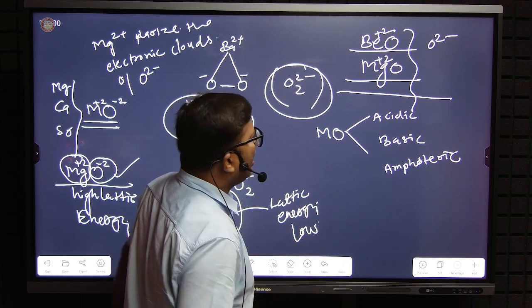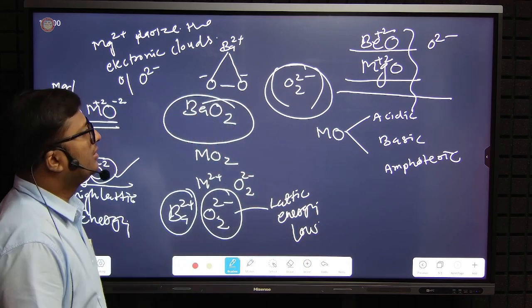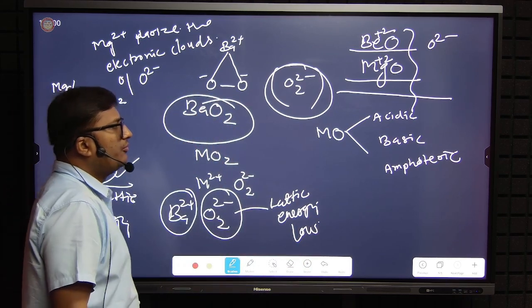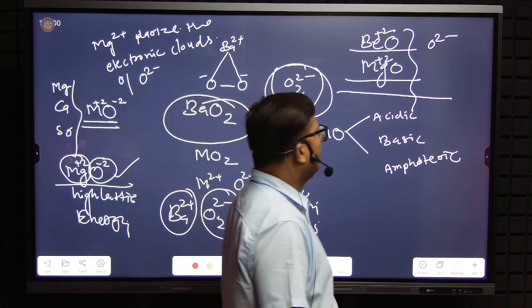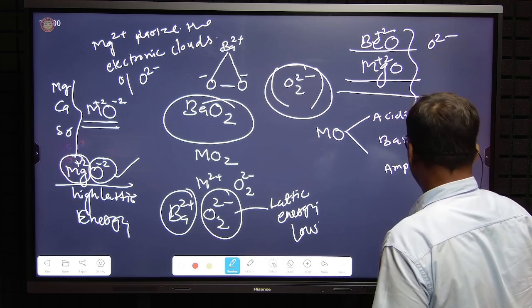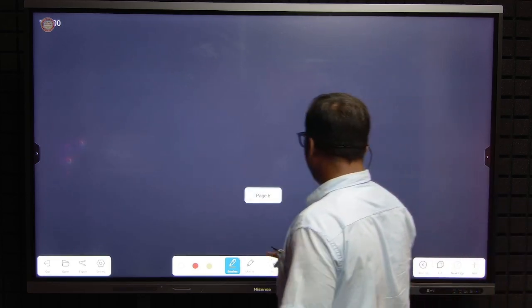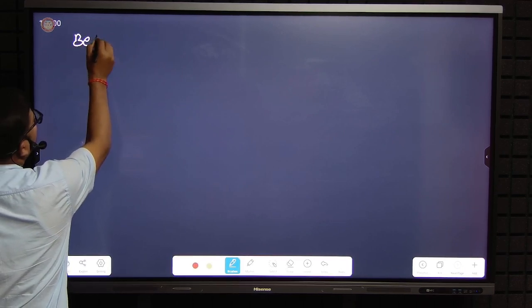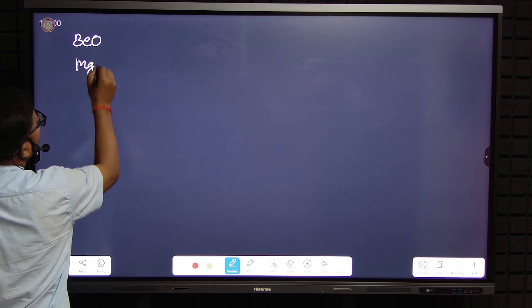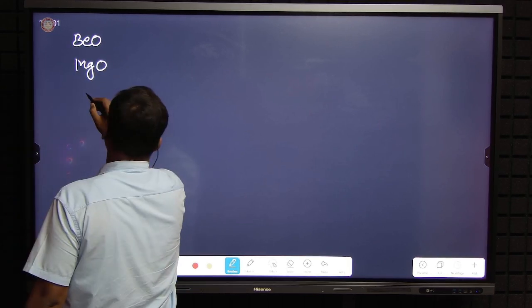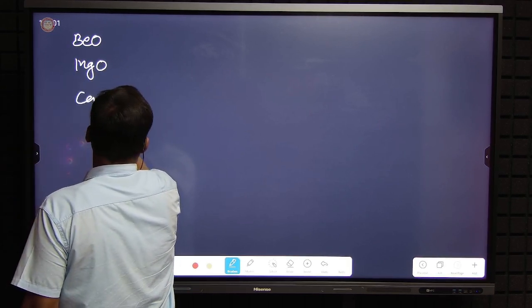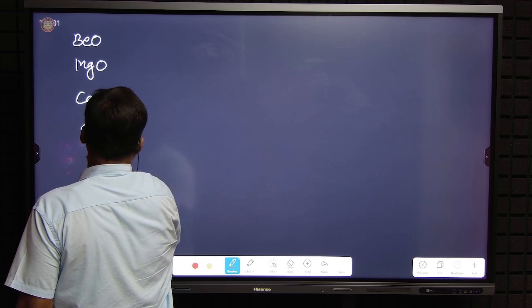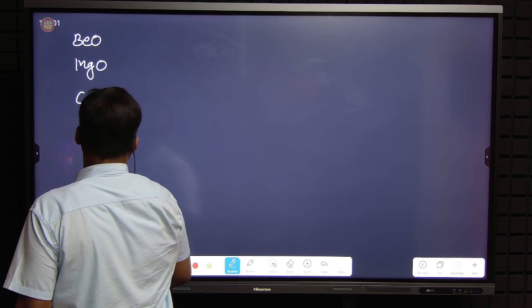Which metal oxides are acidic, which ones are amphoteric, and which ones are basic? That can be discussed. Suppose we have BeO, MgO, calcium oxide, strontium oxide, and barium oxide, right?